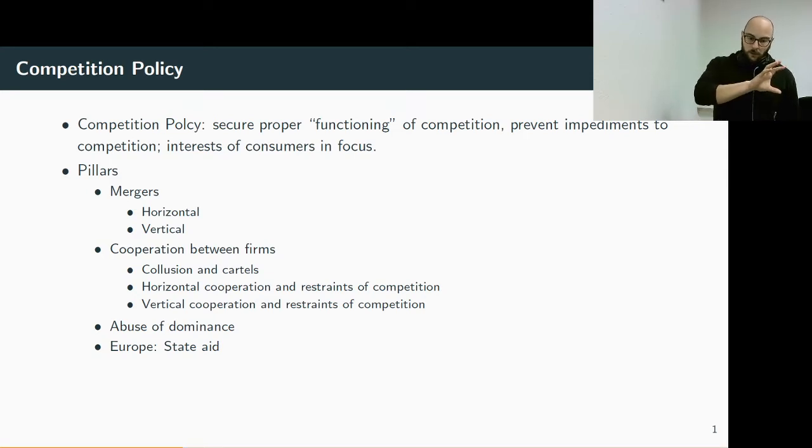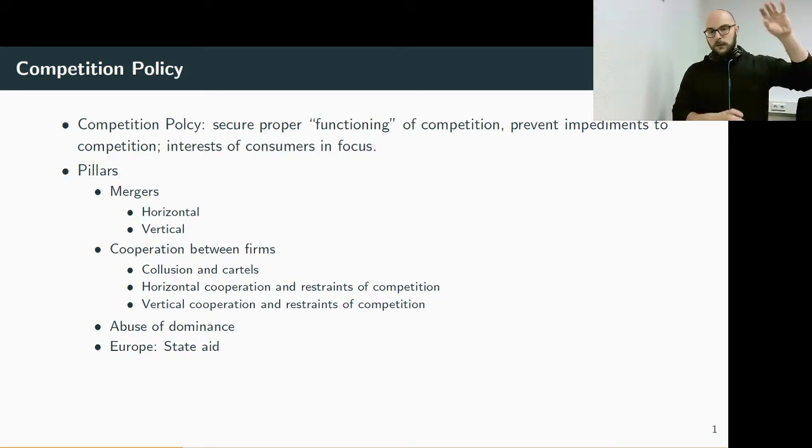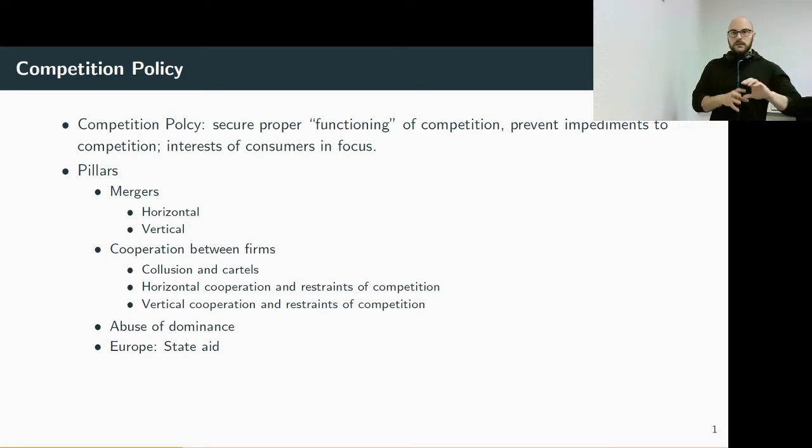And besides this horizontal cooperation, we also have vertical cooperation and restraints to competition. Vertical cooperation could, for instance, be two firms on different levels of the supply chain cooperating, again, to promote a certain innovation.